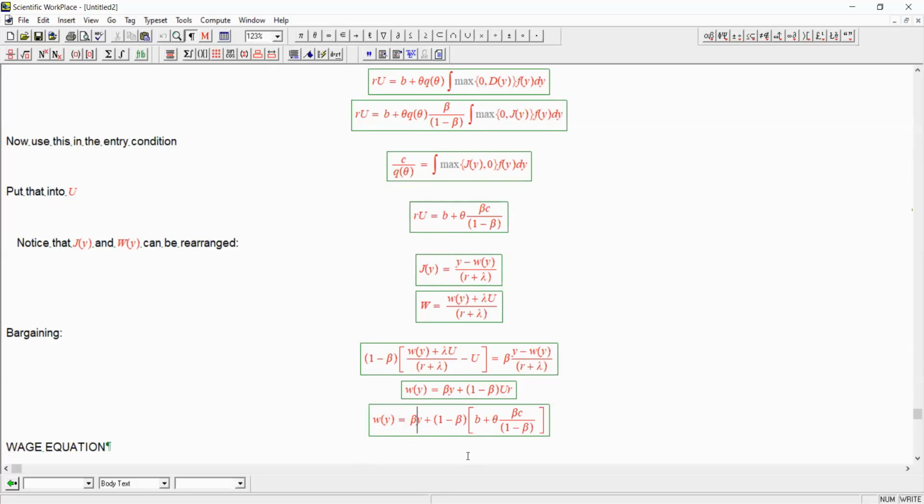Now, what is this doing? It's telling us that the worker is going to get some share of output beta, but in addition, they're also going to get 1 minus beta times something here that has to do with the cost of creating a firm. In other words, the firm and the worker are sharing both the output that they can make together, plus the costs that the firm incurred to create the job, and also the benefits that the worker gave up in order to join the entrepreneur in this position.